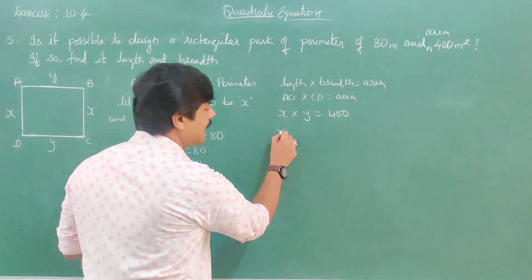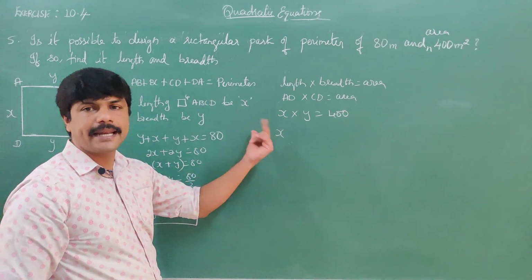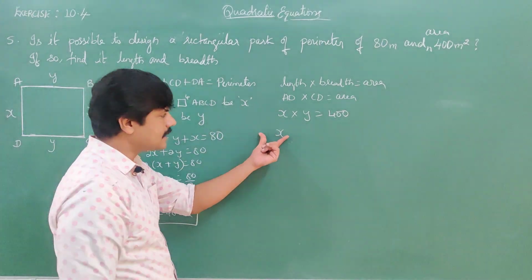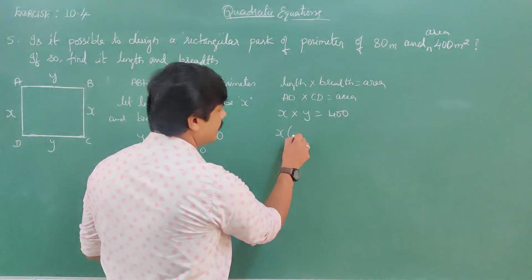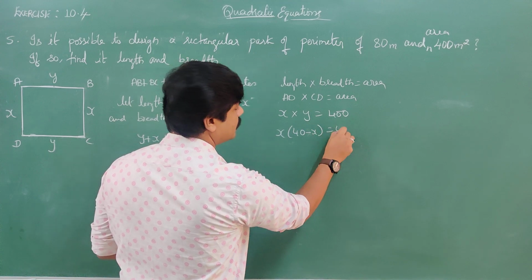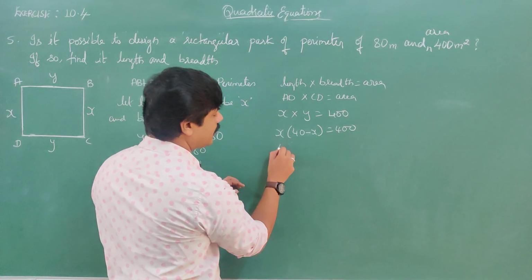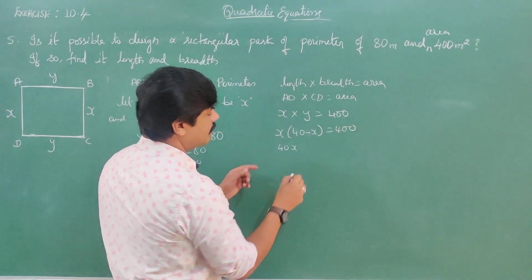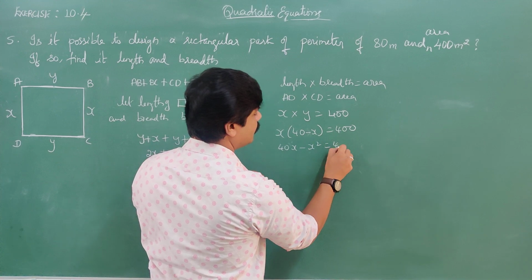Now we will take everything in terms of X. We have taken perimeter in terms of Y, and we will take this area in terms of X. Y is equal to 40 minus X, so X into 40 minus X is equal to 400. Now multiply: 40 into X is 40X minus X square is equal to 400.